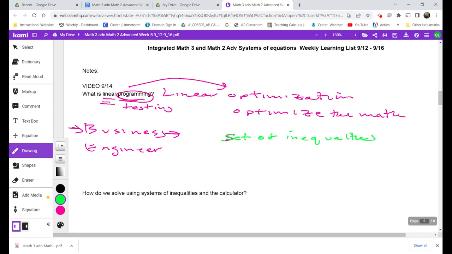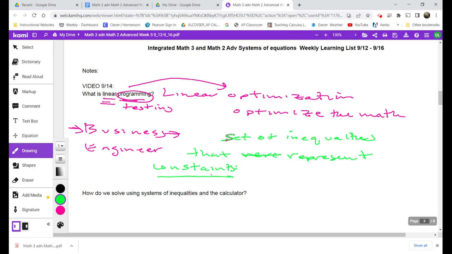Those inequalities represent, whoops, let's try that one. I guess R's are really tough on me today. Represent. They're going to represent constraints.